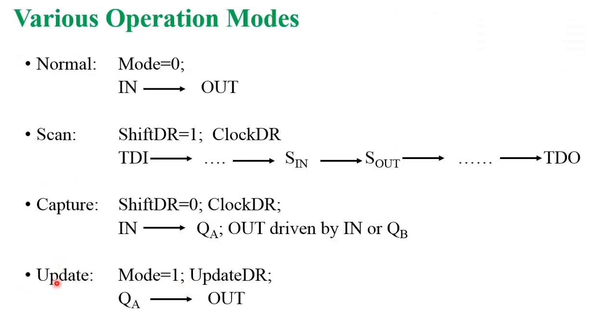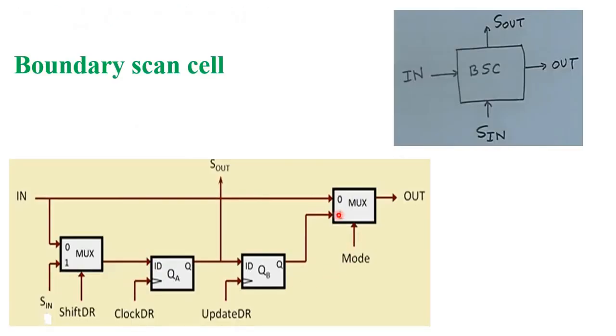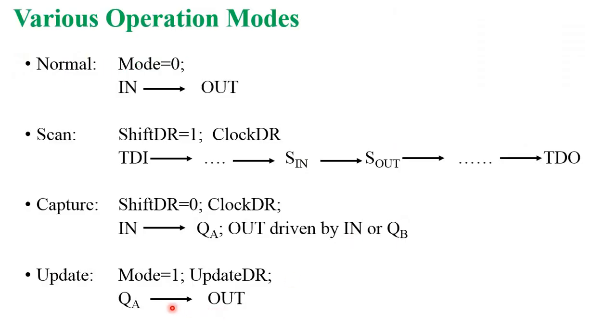And the next one, update mode. Update mode is nothing but if the mode of operation is equal to 1, whatever signal is fed into the D flip-flop can be sent to the outside by using the mode 1 operation. That is called the update. So mode of operation equals 1, update DR is driven.